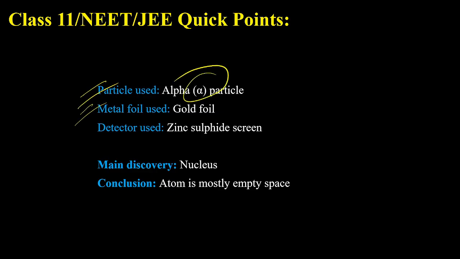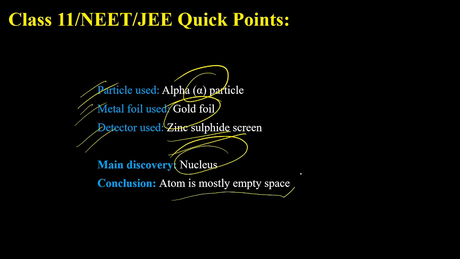The metal foil used was gold foil and the detector used was zinc sulfide. The main discovery of Rutherford's alpha particle scattering experiment was the nucleus, and it can be concluded that the atom is mostly empty space.